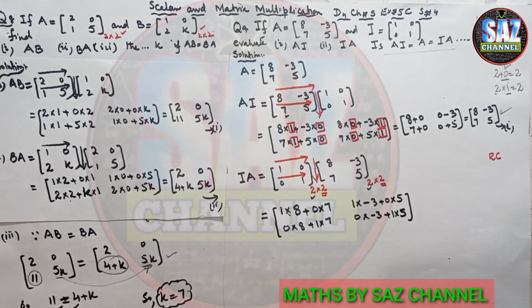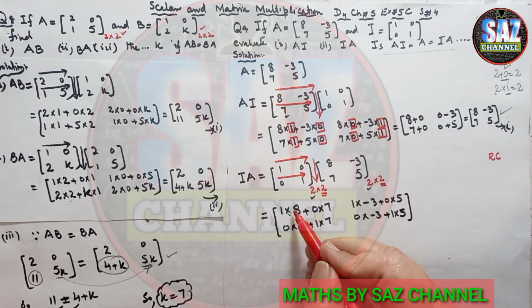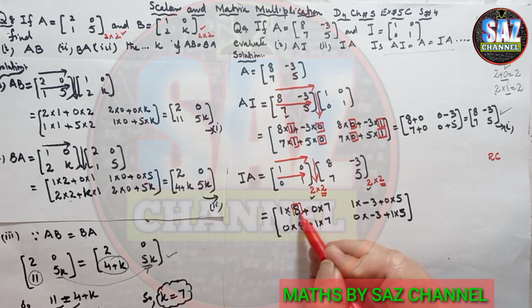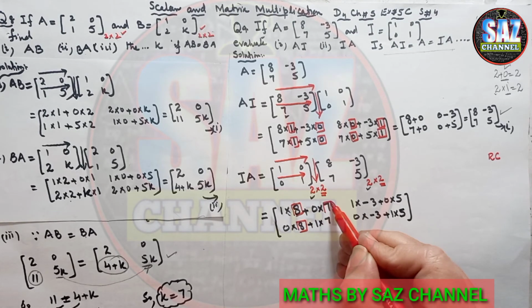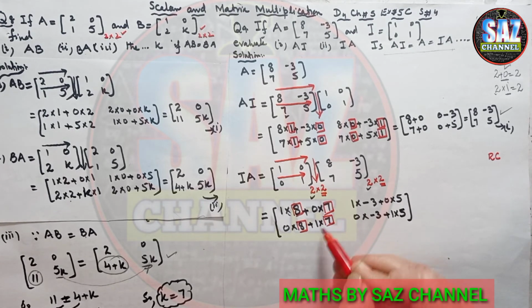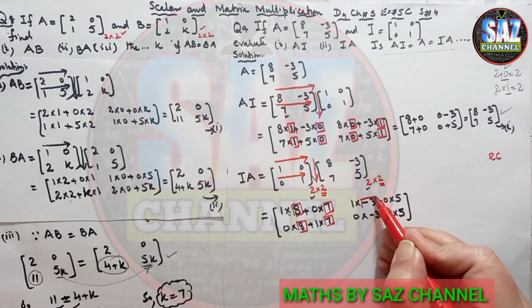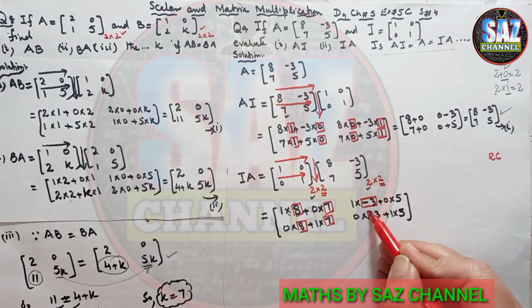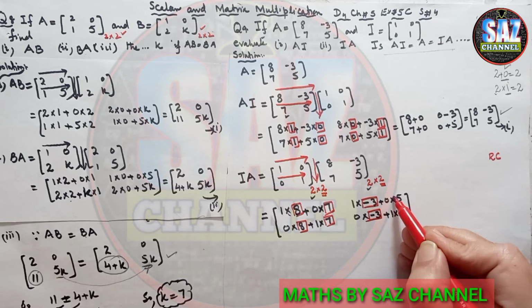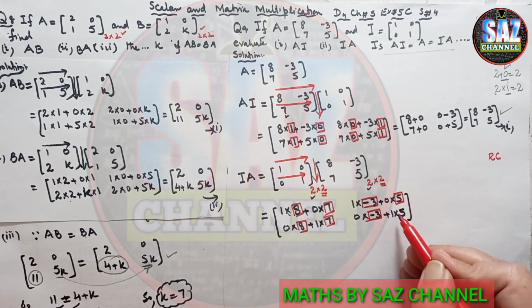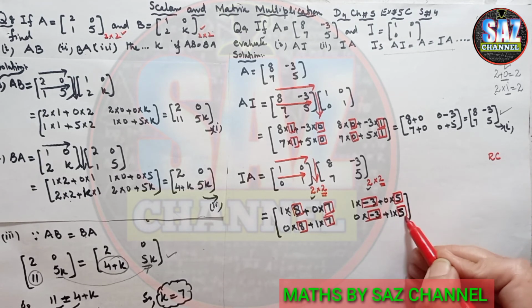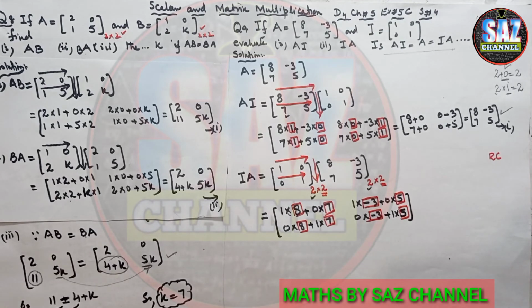And now if you observe these second entries, you can see that in both the rows they are the same. So it's up to you to design your own method, how you understand matrix multiplication, but before your exams you must understand it carefully.